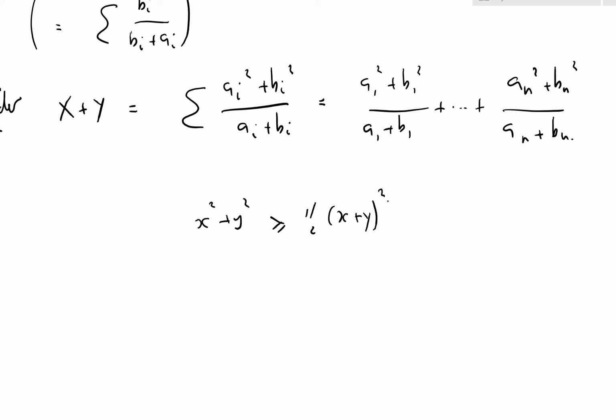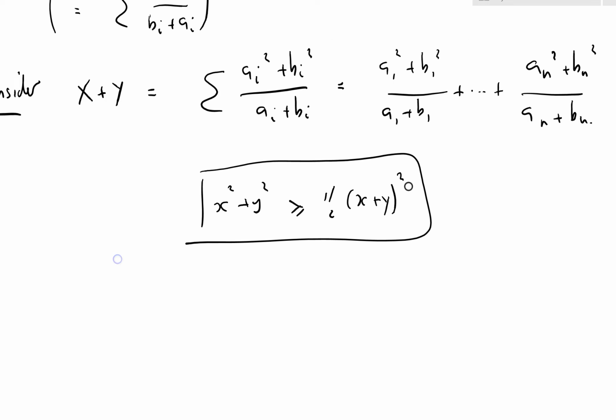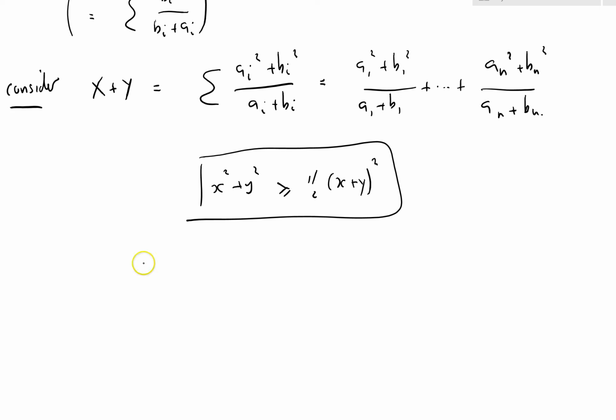This is just a restatement of the arithmetic quadratic mean inequality. But of course I'm writing it in this rather different way because I'm going to apply it to these guys here. So each term, x plus y, is greater than or equal to, well, I'll write it out term by term.